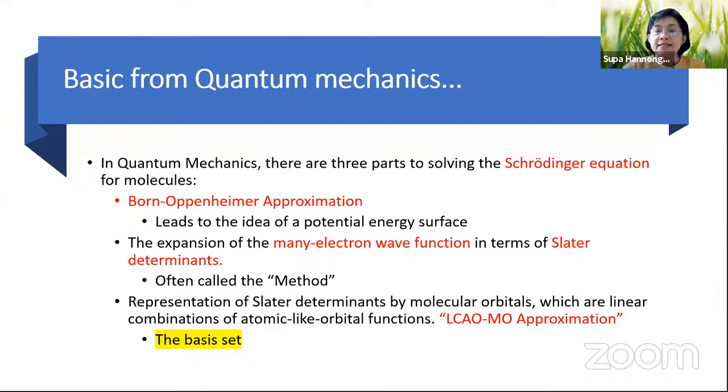And in this approximation, we need to know about the basis set, the basis set to represent the basis function of molecular orbital. So this is the key, okay? For today, we need to understand this first.